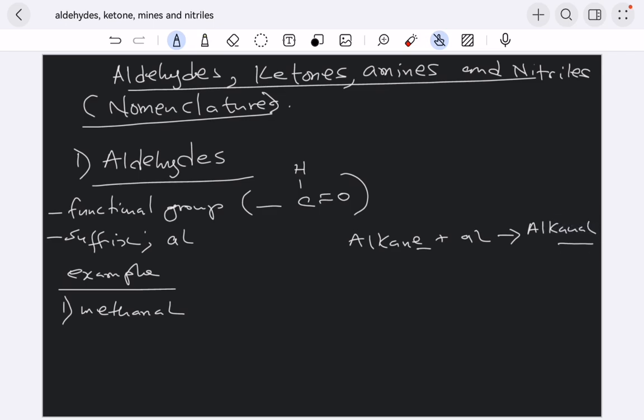So the first one is called methanal. The second one will be called ethanal, then propanal. So the ending is -al, that is a suffix. In other books, the functional group is also represented by this.